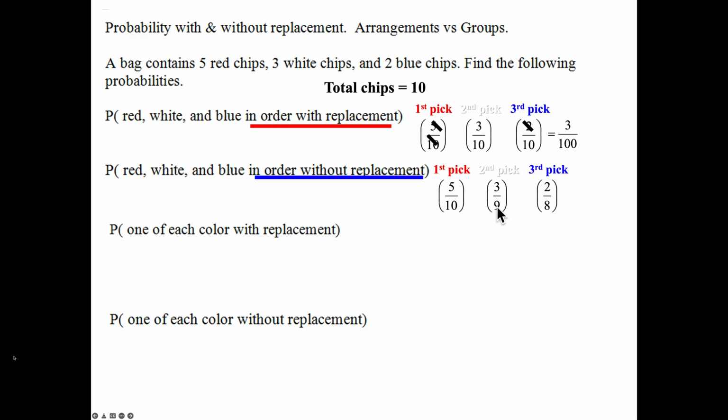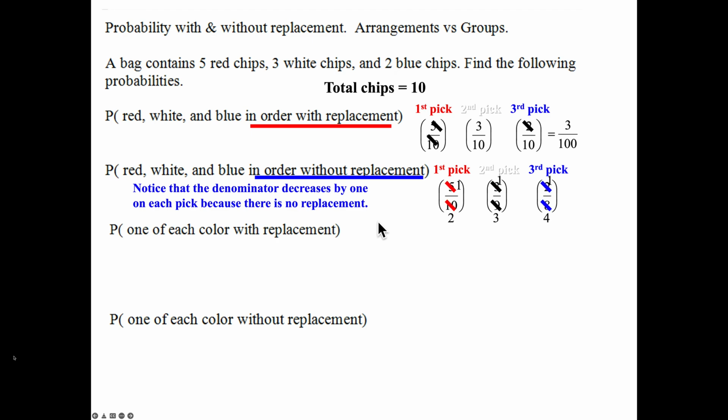So that's going to be 3 out of 9 for white, then the blue will be 2 out of 8. That denominator keeps reducing by 1. Once you have your 3 probabilities, we'll multiply these together. All right, 5 and 2 again can cancel the 10. 3 can go into 9, or you go 2 and 8. However you want to cancel, you can. So 1/2, 1/3, 1/4 multiplies together to be 1/24.